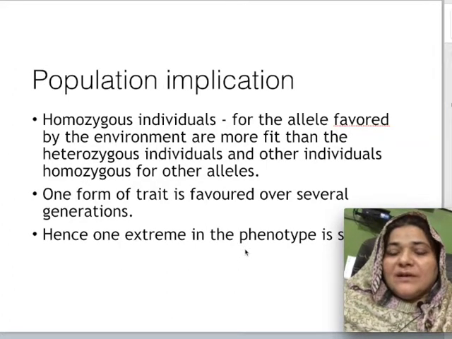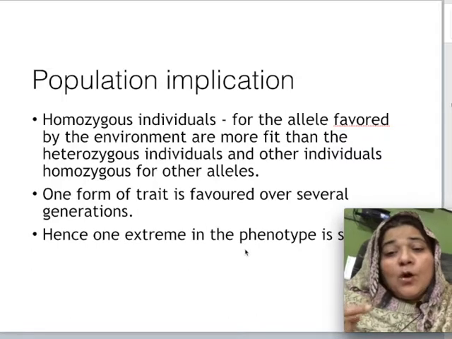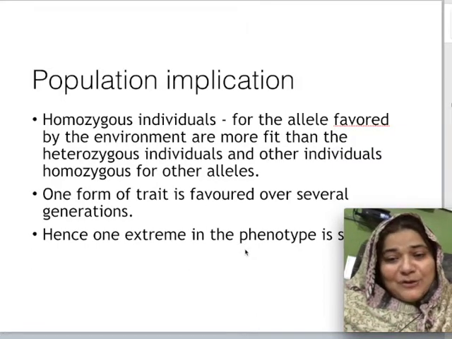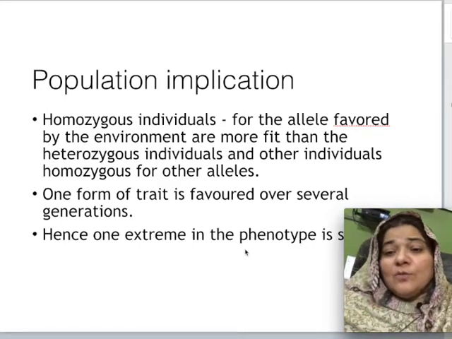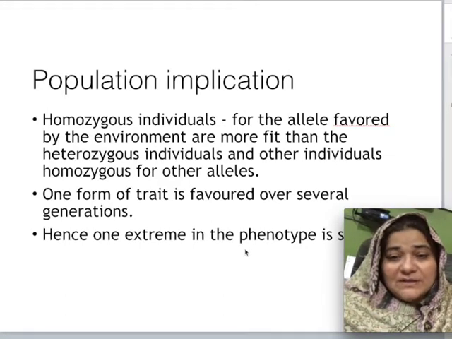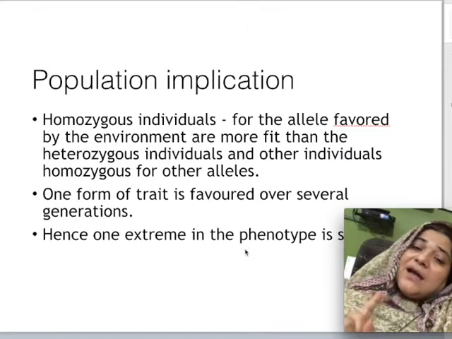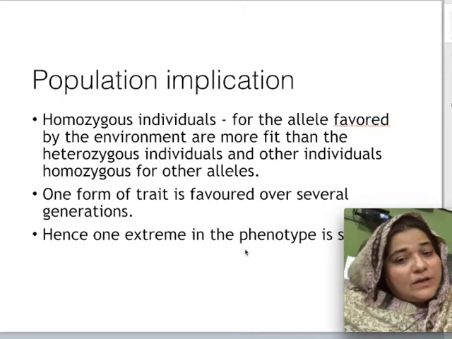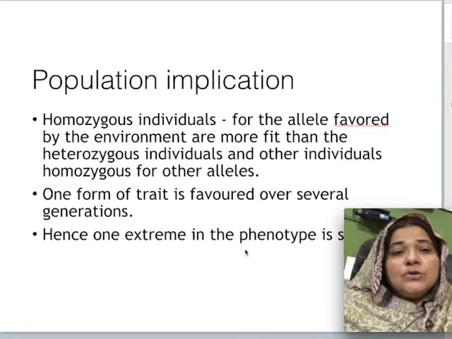Imagine what would have happened to those individuals at the other extreme? They were also homozygous, not heterozygous, but they were selected against because the environment changed not in their favor. So this is the implication on the population.